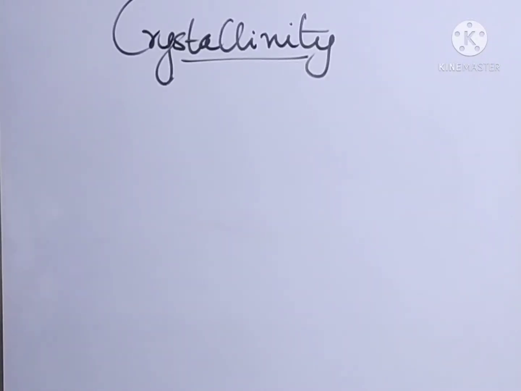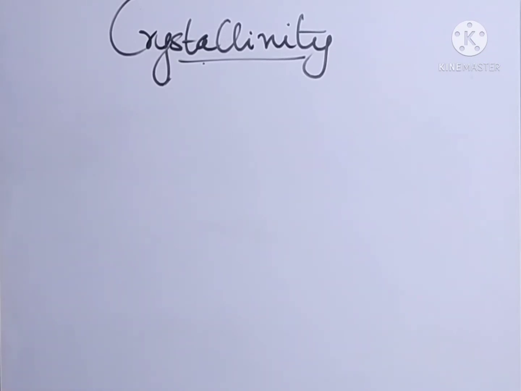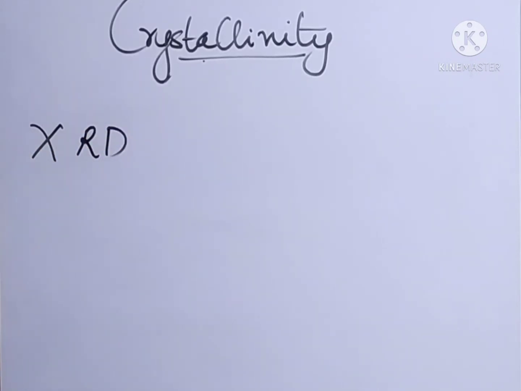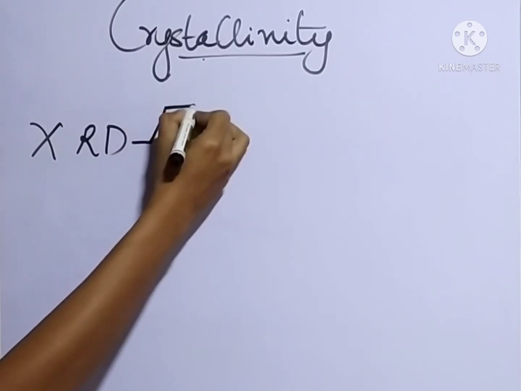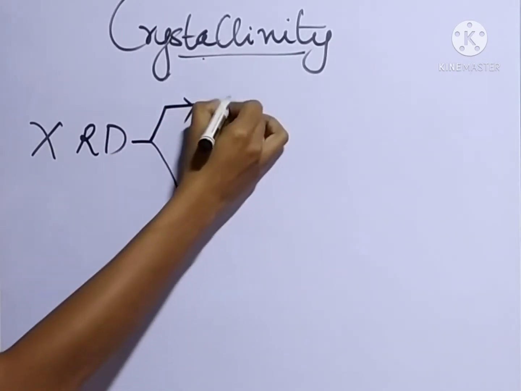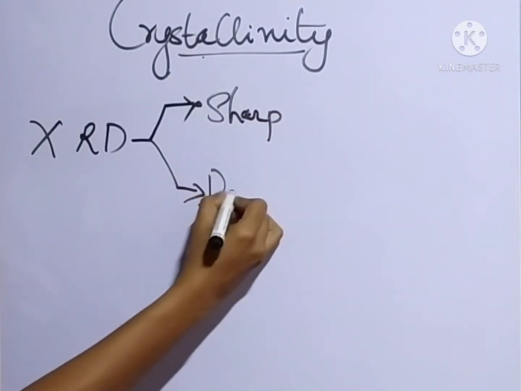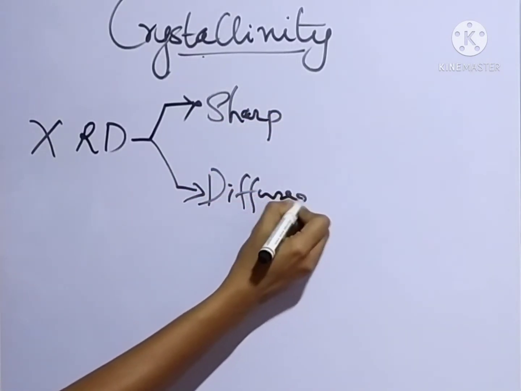Okay, now let us talk about the crystallinity of polymers. The crystalline nature of substances can be identified from the X-ray diffraction pattern of these substances. The X-ray diffraction pattern of polymers gives sharp as well as diffused patterns.